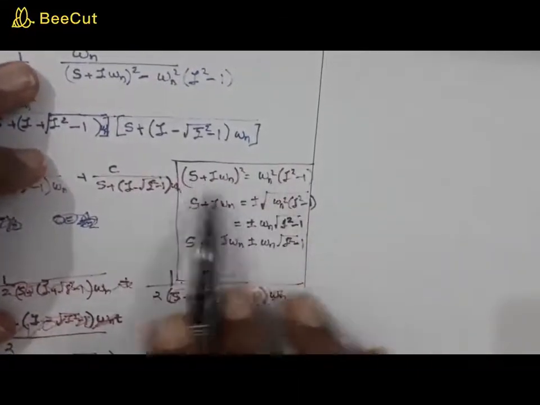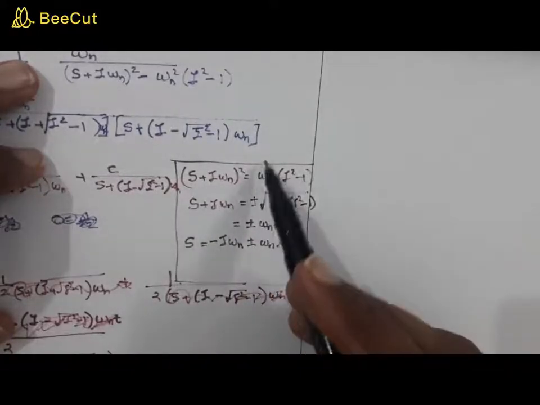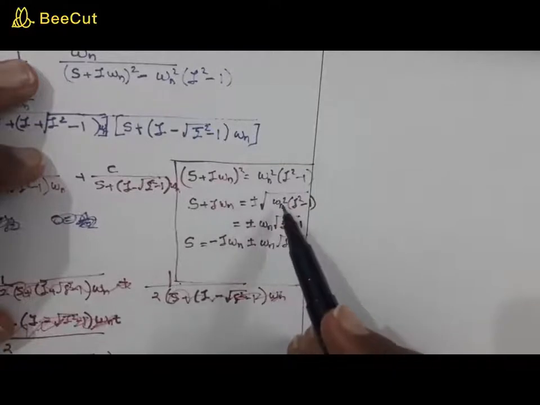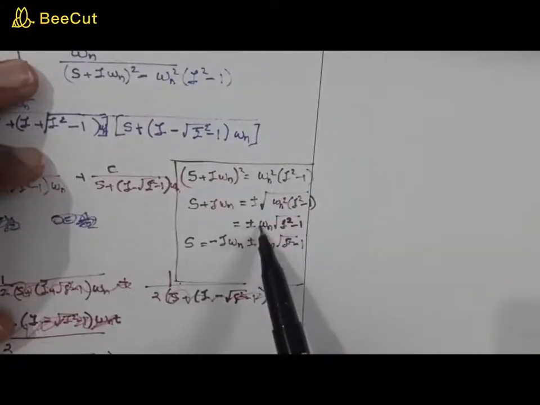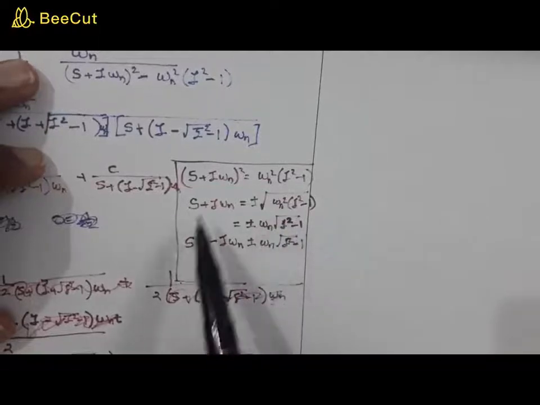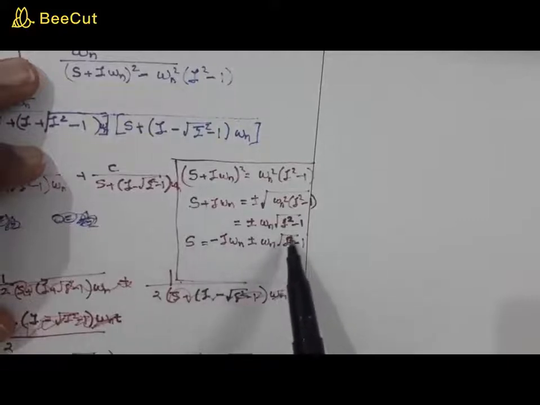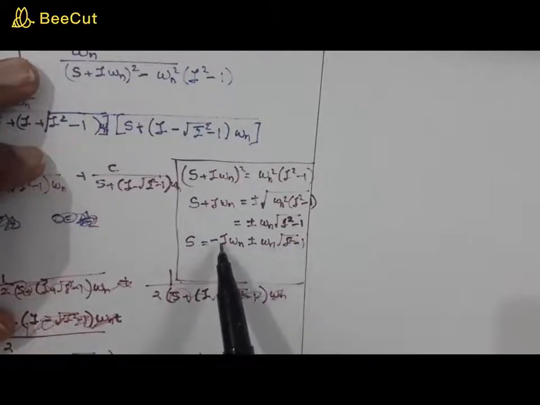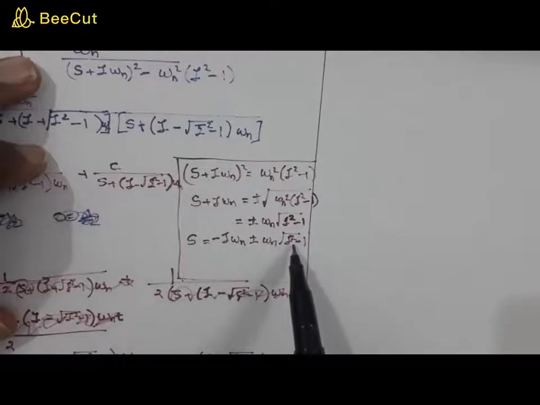Bringing this to the other side, s plus theta omega n will be plus or minus omega n into root of theta square minus 1. So s can be minus theta omega n plus omega n into root of theta square minus 1, or minus theta omega n minus omega n into root of theta square minus 1.